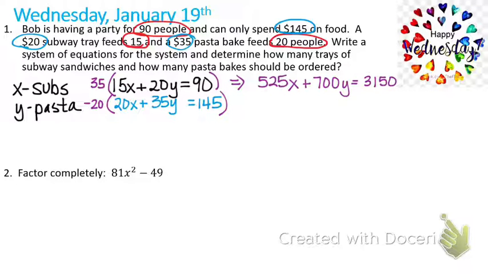So now take this second equation and multiply it by negative 20. Everything in this second equation, multiply it by negative 20.